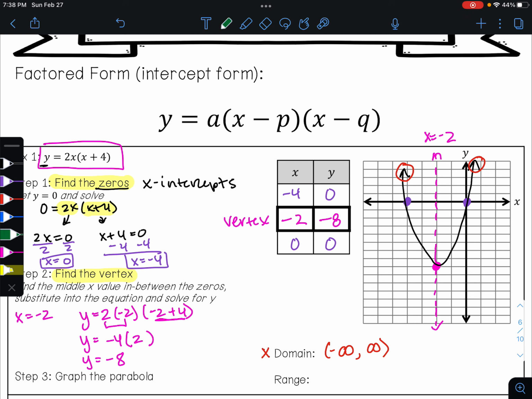Your range is your y values from the bottom of your graph to the top of your graph. The bottom of your graph is your vertex. Your vertex y value is -8. Our graph is going up forever, so that's going to infinity. So our range from the bottom of our graph to the top of our graph is from -8 to infinity.